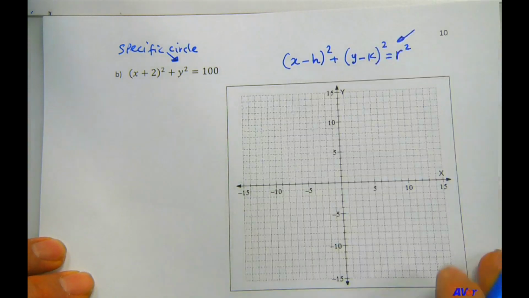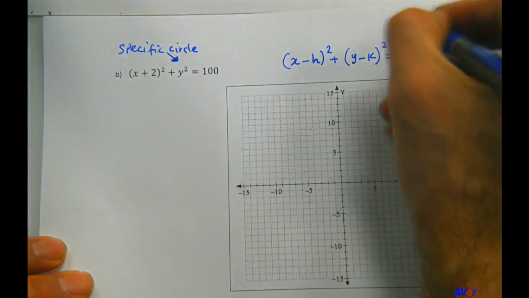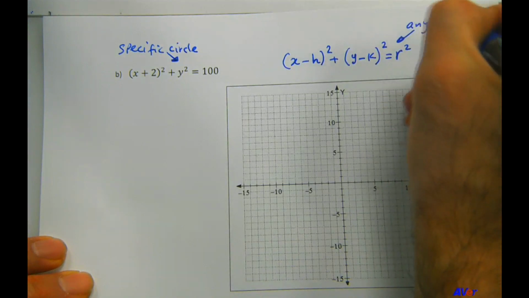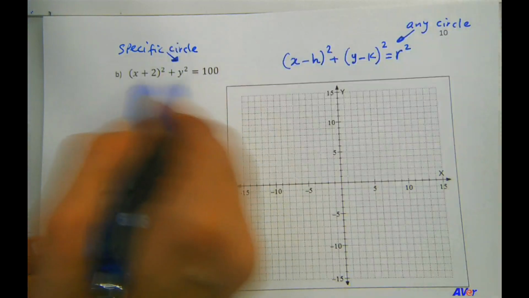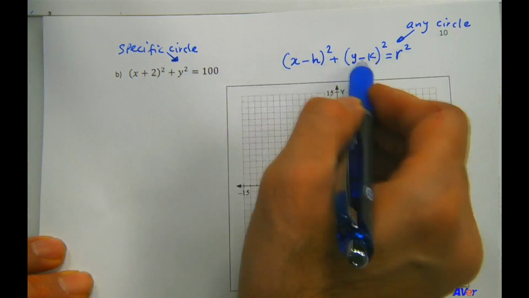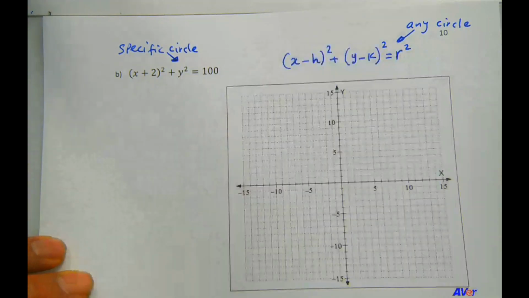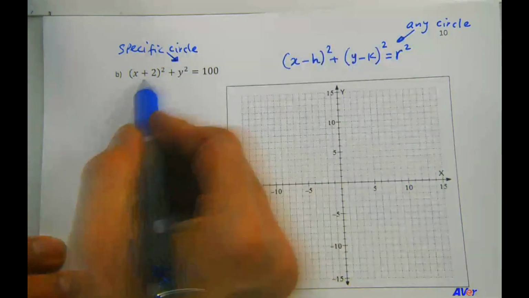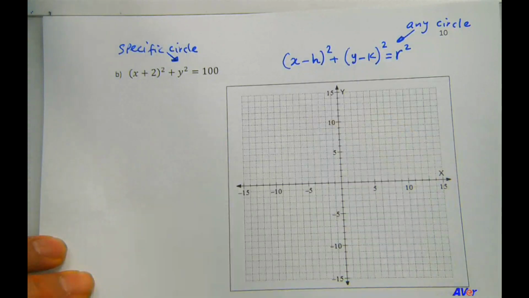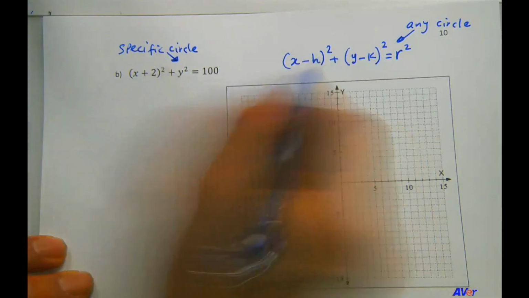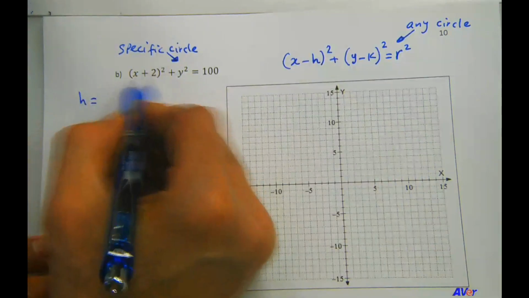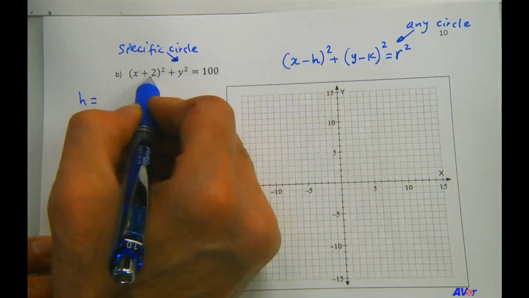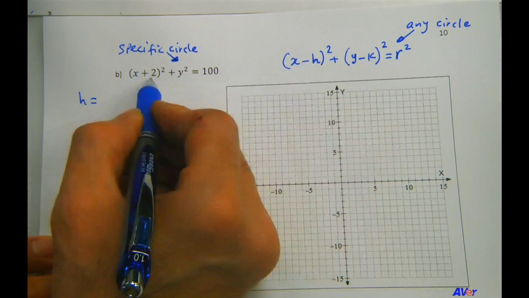So this is any circle. Specific circle, which we've been given, that's any circle, right? General, any general circle. So compare this with that. What would h have to have been?